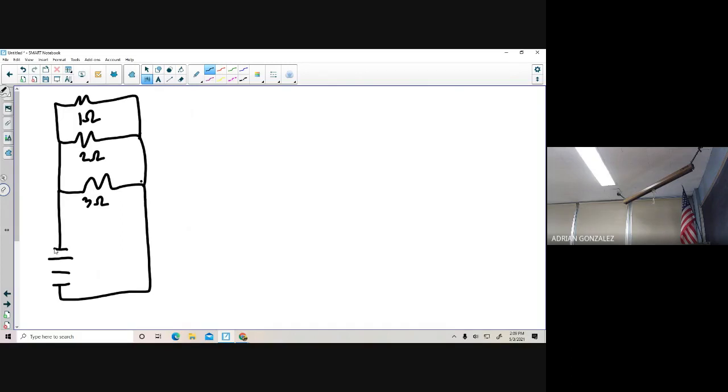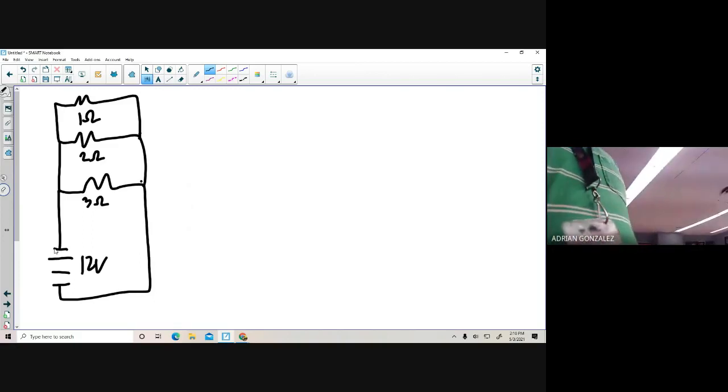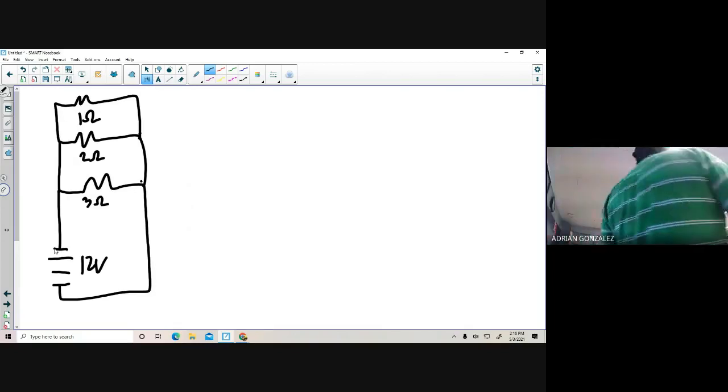We said the battery was 12 volts. You have voltmeters over all the resistors and an ammeter after each. So you should have that same picture left over from Friday's class.